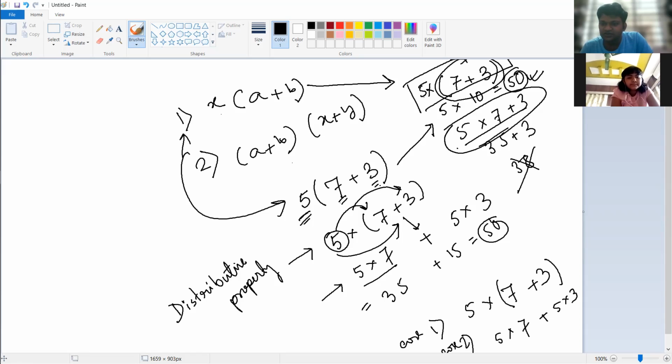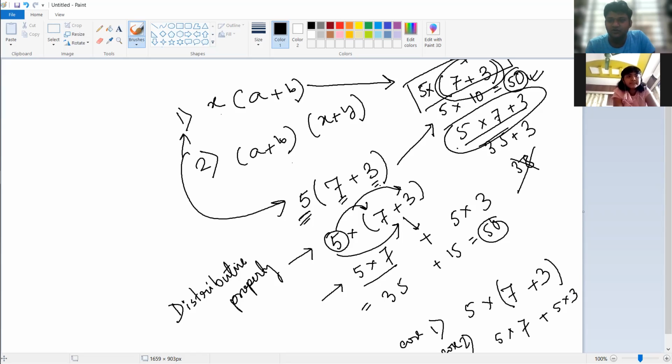So this way, these two statements, case 1 and case 2, are both similar, but the situations are different. That's why the distributive property is different from the first line, and the way of calculation is different. But as you are spending the same money, the answer should be the same. That is 50.